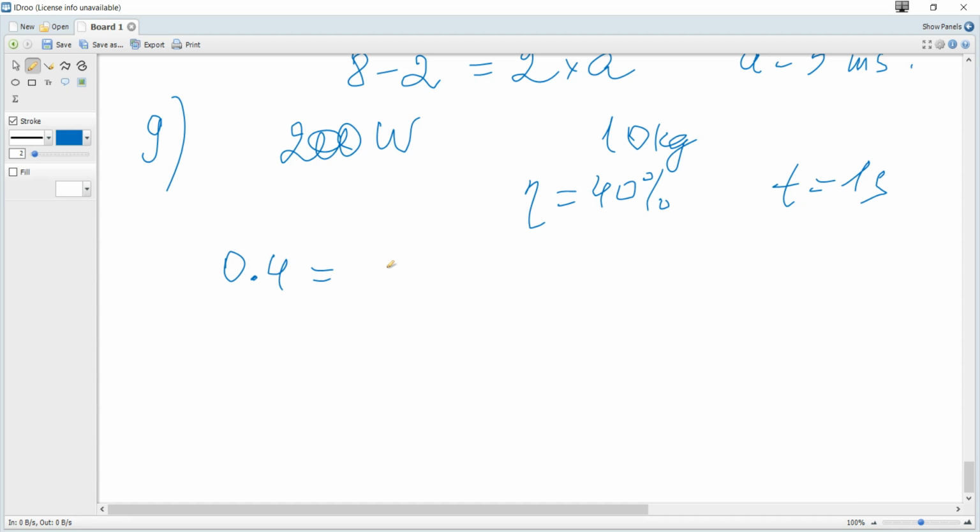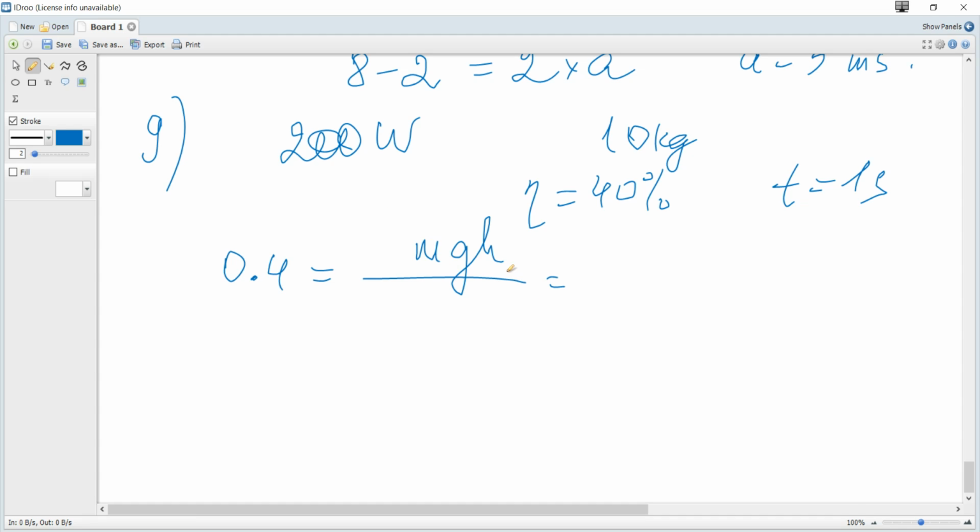It's useful work or energy divided by total energy input, or if you consider everything during 1 second, it becomes in terms of power. So useful work is that this object is raised up, it gains gravitational potential energy, so it's actually work against the gravitational force, it's mgh.